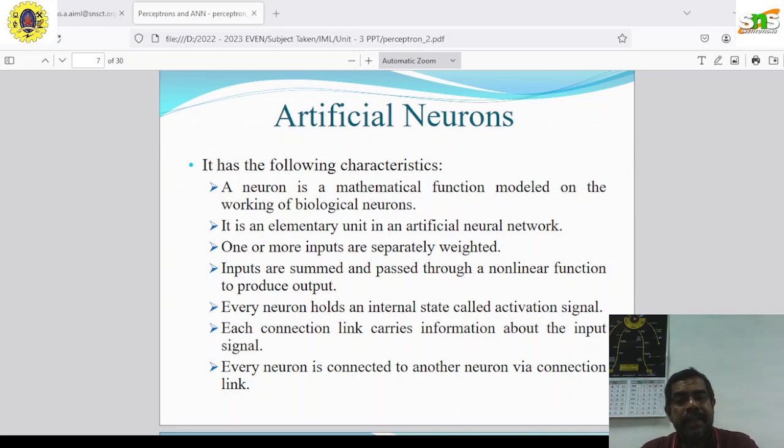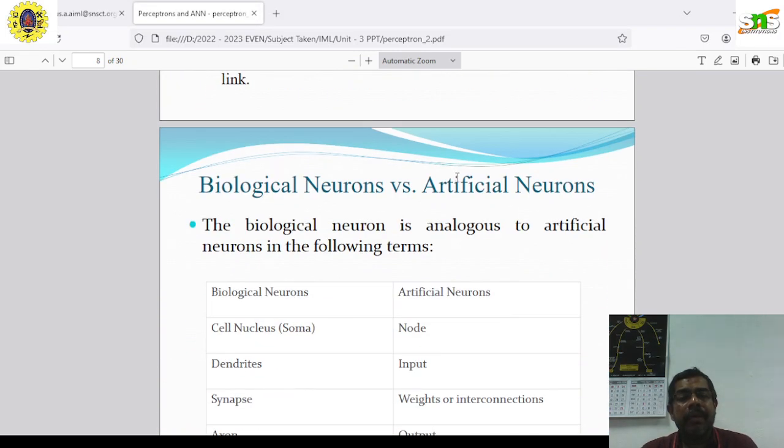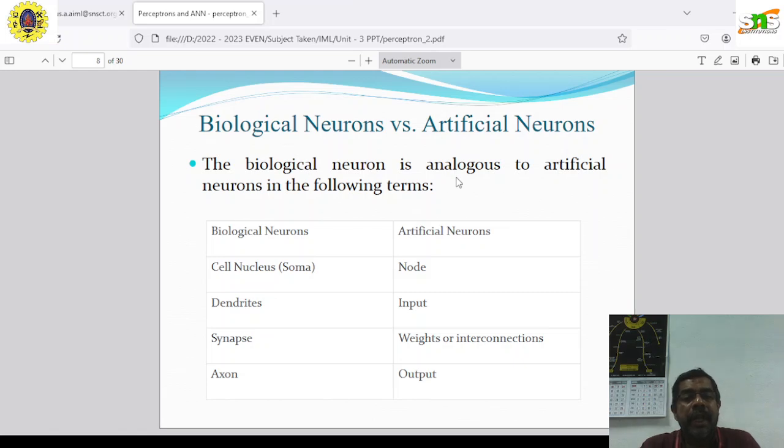On the next slide, we are going to see how biological neurons and artificial neurons are integrated. First, we look at the biological neuron in actuality. In neural networks, it is called an artificial neuron. The cell nucleus, the soma, is treated as a node in artificial neural networks.